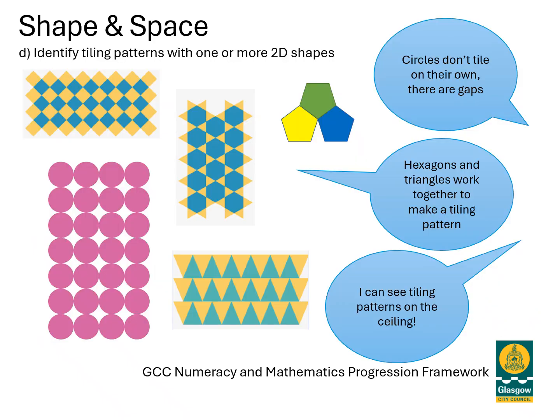We're mentioning tiling for the first time in primary 3, explaining that when shapes tile, they fit together exactly in a repeated pattern with no gaps, and there's lots of lovely IDL opportunities lending itself to investigations or linked to expressive arts, or looking at tiling in action, if you like, around in our environment or in architecture and things like that.